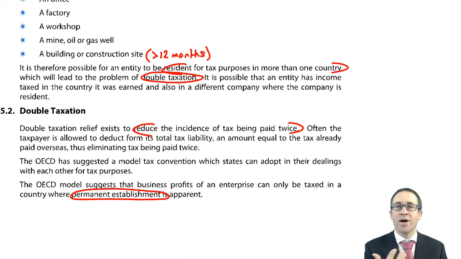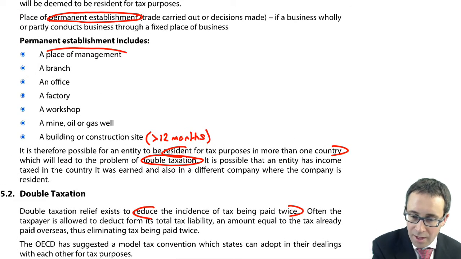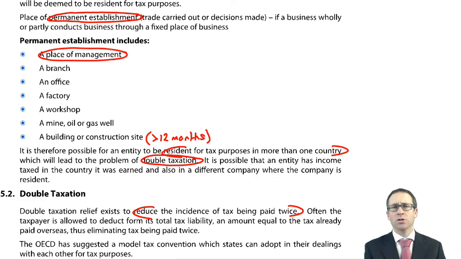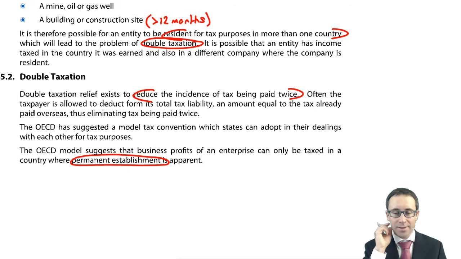So if you happen to be resident in more than one country, the OECD suggests it should be based upon your permanent establishment, and the main one that we have there is usually your place of management and control. That's the key determinant of your permanent establishment, particularly if there is a double tax treaty between the parties. So where's your management and control fundamentally?